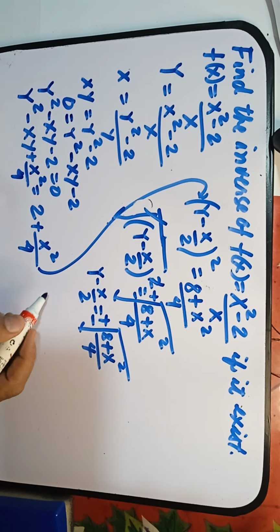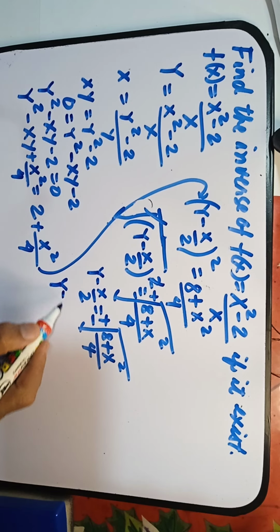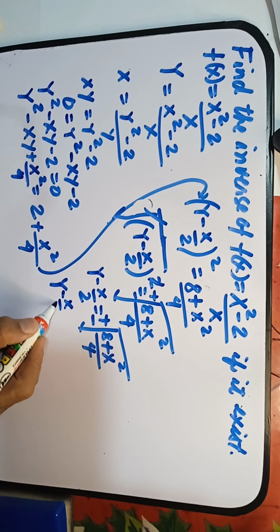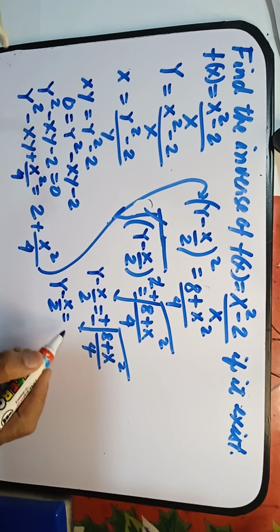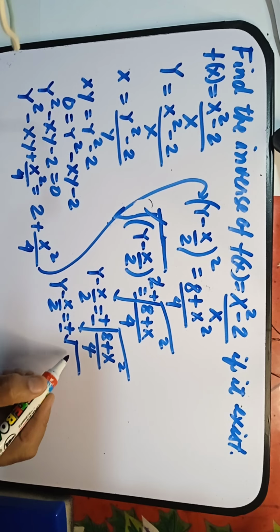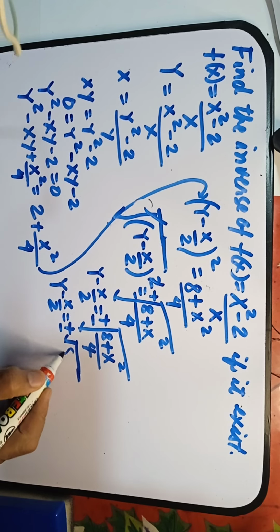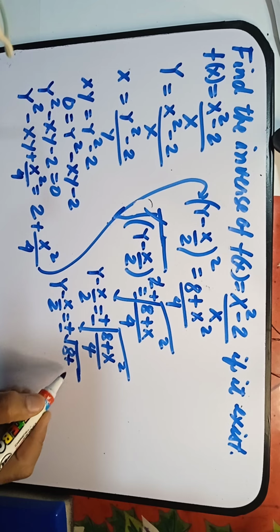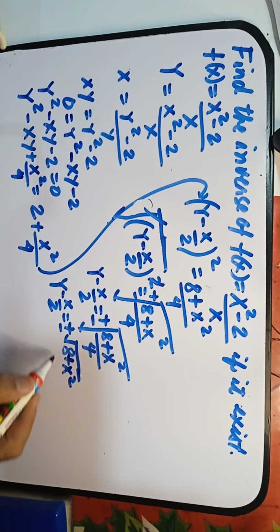Or we have y minus x over 2 equals plus or minus the square root of 8 plus x square over 2.